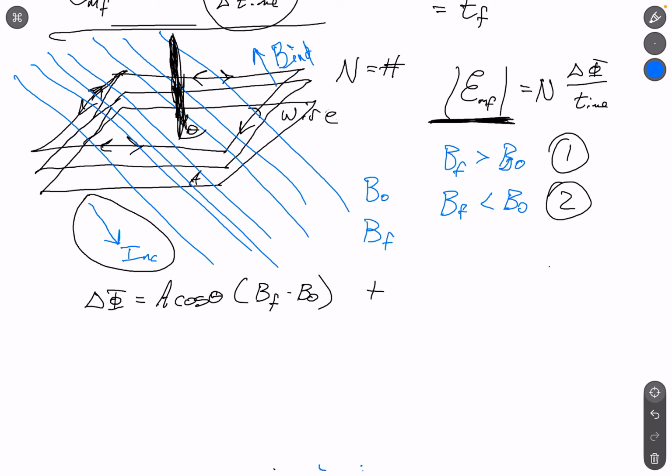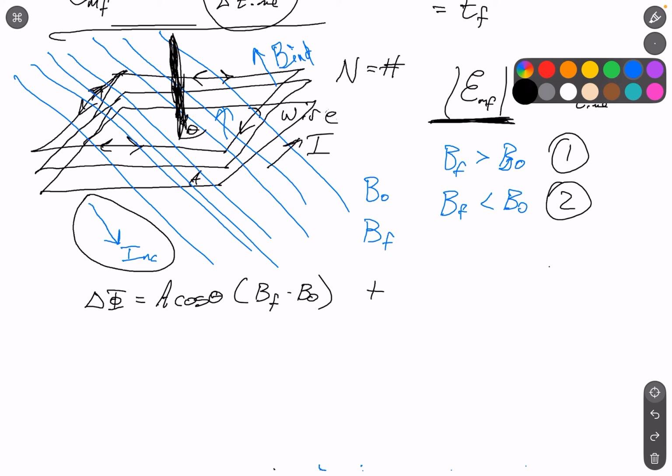So that means that our current has to be going in this direction. So you take your thumb, you put it along the current, and then it curls up and makes a B field like this, okay, inside the area. So it's fighting, it's opposing the increase in the B field. All right, so that generates an EMF that has to be pointing in this direction.